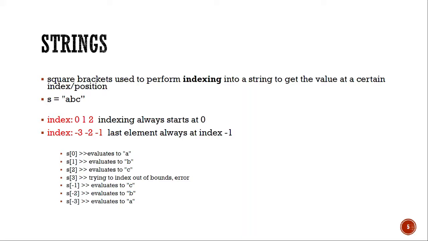Therefore, if a string is made up of 3 characters, like the example here, the indices will be 0, 1, 2, if we are starting from the first character to the left. If we want to start the indices from the end of the string, we start with -3, -2, and so on.